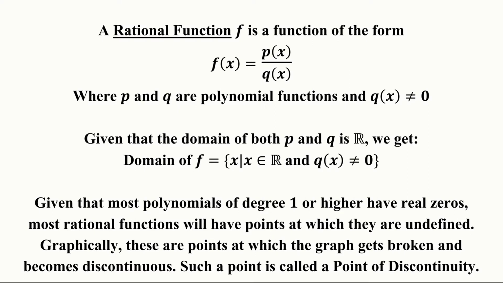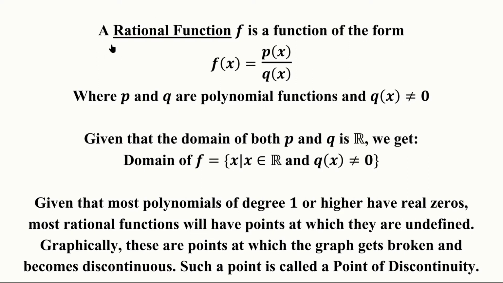In many ways, a polynomial is a variable generalization of integers, and a rational function is a generalization of rational numbers in variable form.